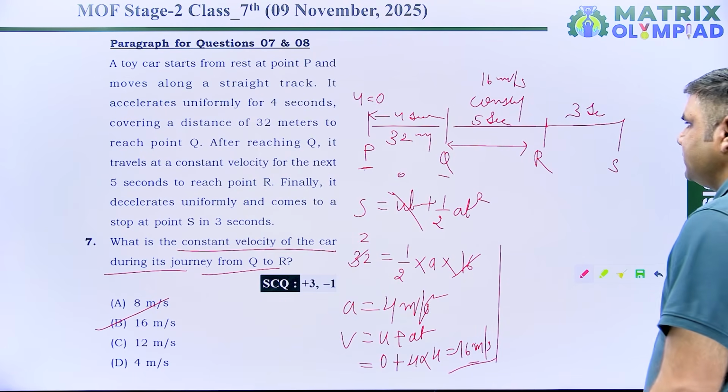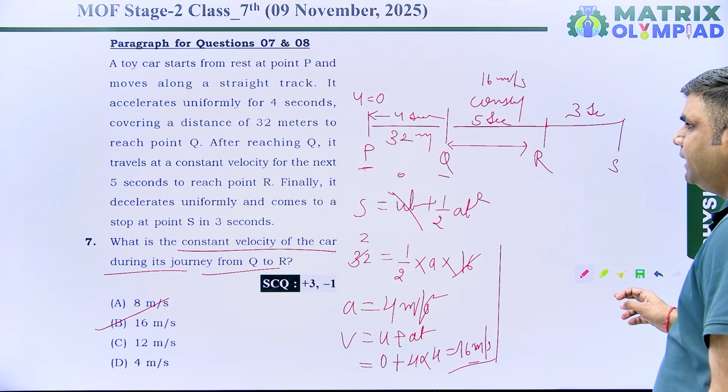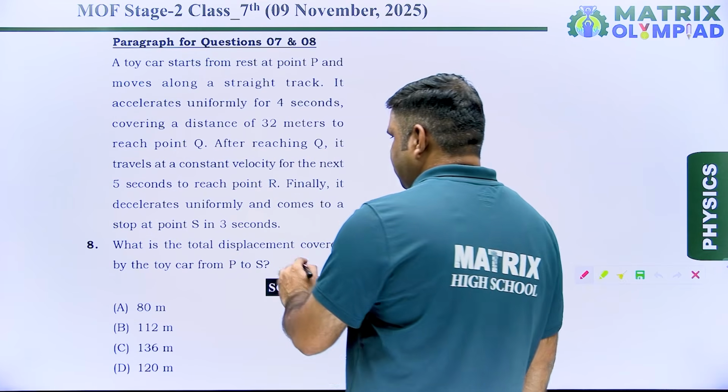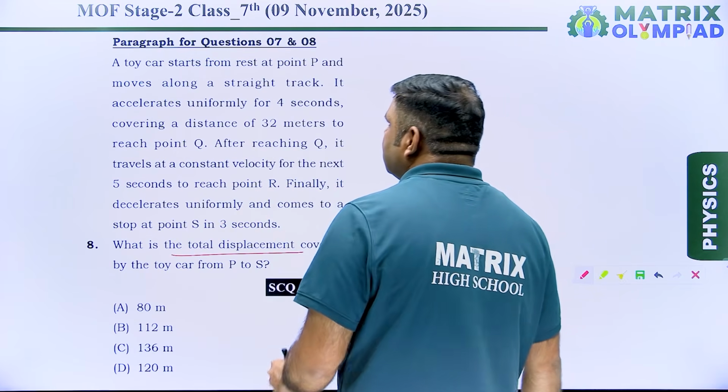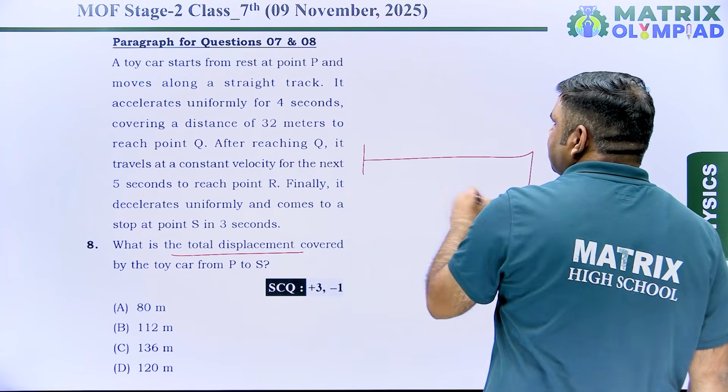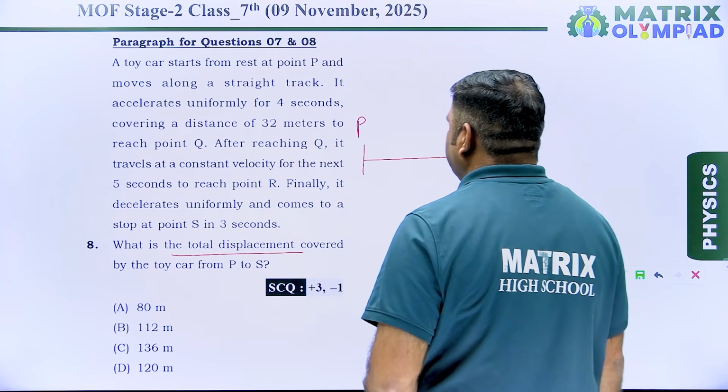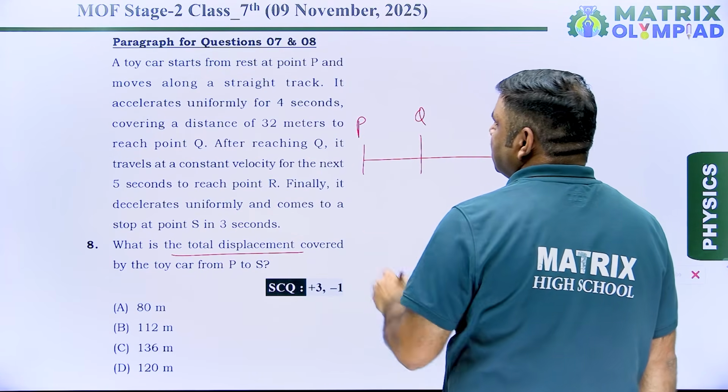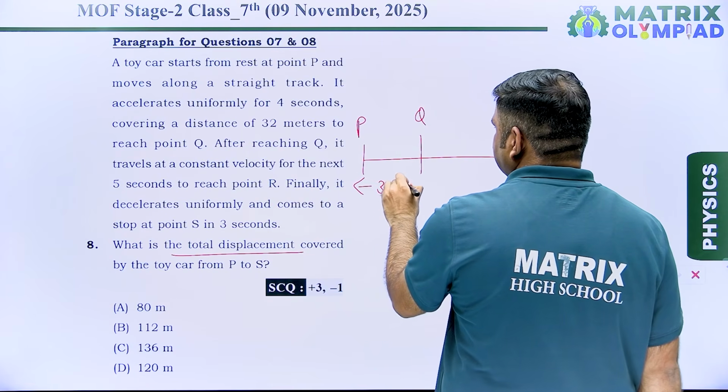Let's move to the next question, that is question number 8. In question number 8, we have to find the total displacement covered. In the paragraph, the car starts from P and reaches Q and covers 32 meters.